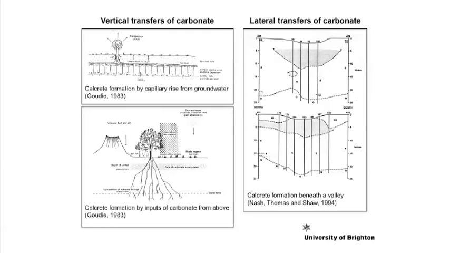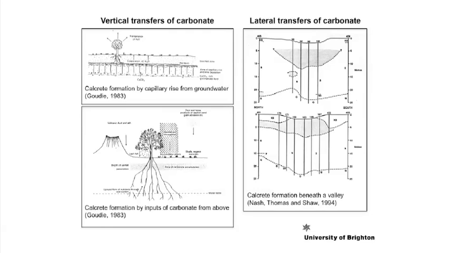So the diagrams on the left show two situations where you may get a crust developing. On the top one, what's going on is water being brought up to the surface by capillary rise. So evaporation is occurring, drawing water up to the surface, evaporating off the water, and the calcium carbonate is precipitated and left behind to form a crust. That's one possible mechanism.